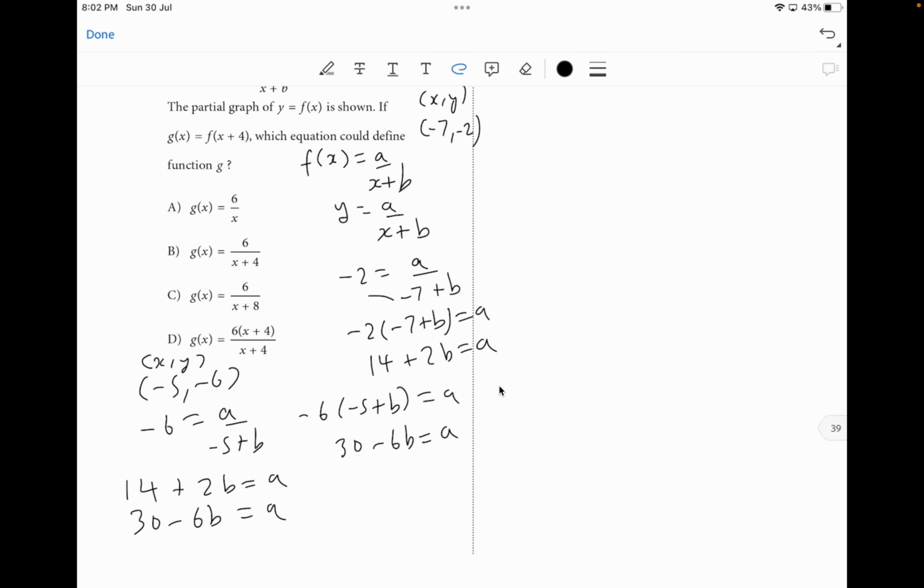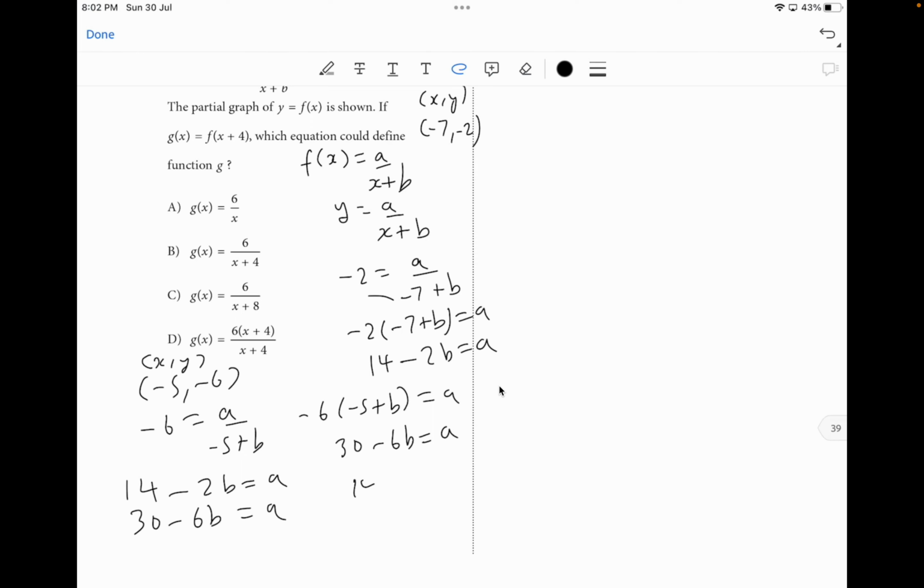Oh yeah, sorry guys, by the way, it's a minus 2b, it's not a positive 2b, so you really need to be careful when opening the brackets. So now we have two equations, so we're going to be substituting 14 minus 2b for a in this equation, which is going to help us to find out what b could be as well.